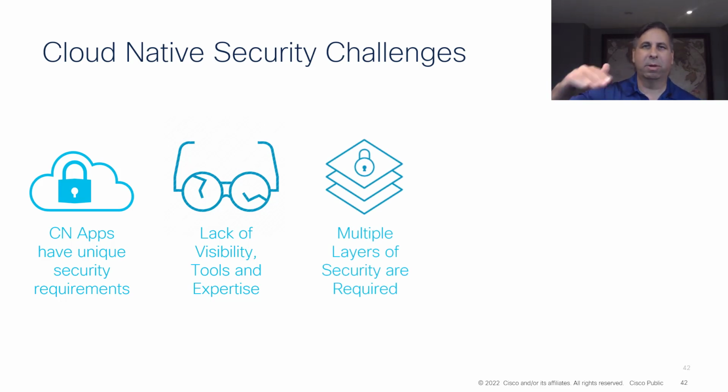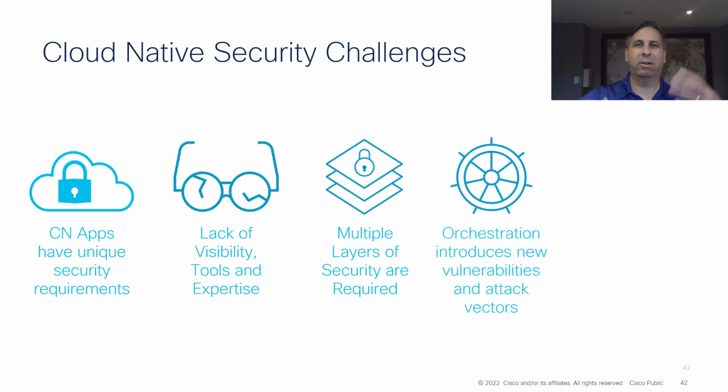Also, recognizing there's multiple layers of security needed, from the containers, the libraries, the dependencies, the roles, the orchestration, etc. All of these layers, and even the APIs, there's so many elements of security that need to be examined, inspected, and provisioned for.